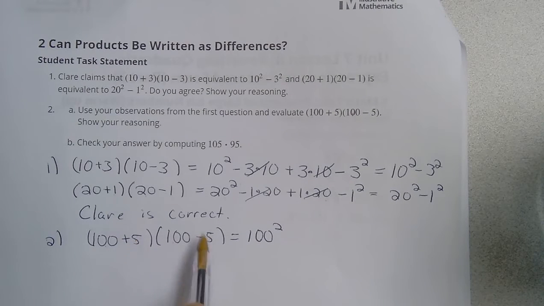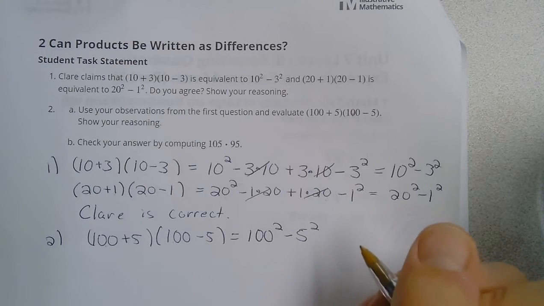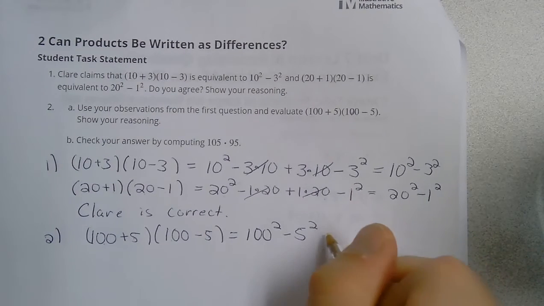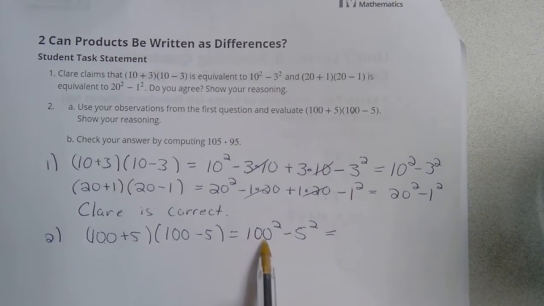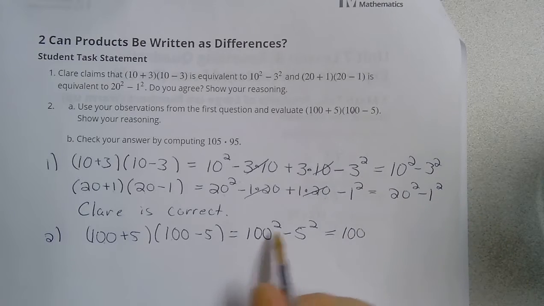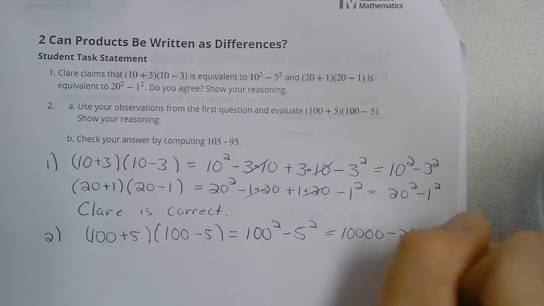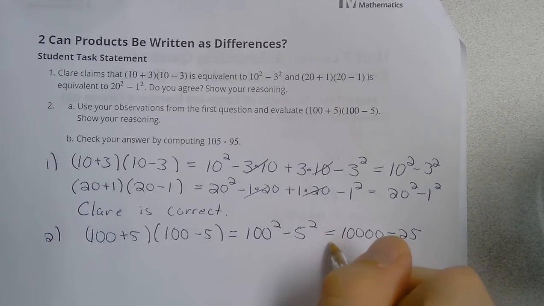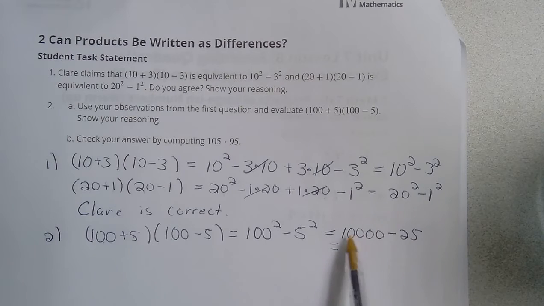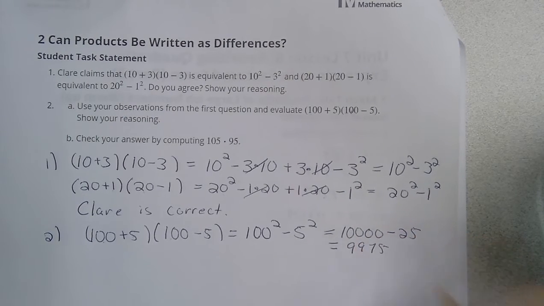And then I'm going to subtract 5 times 5, or 5 squared. I know that when I multiply 100 times 100, I take 100 and then add 2 zeros. And then I know that 5 squared is 25, so I'm going to subtract 25. And then that would give me 9,975.